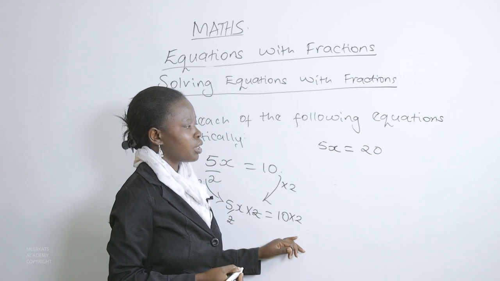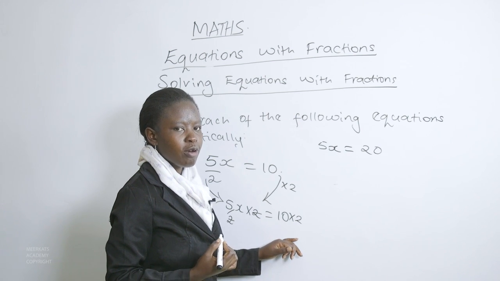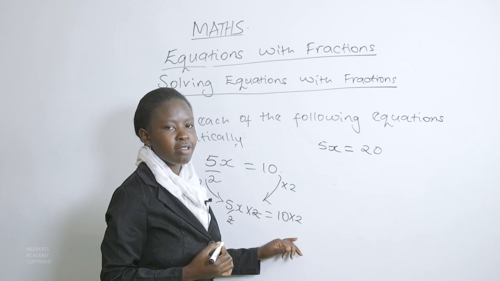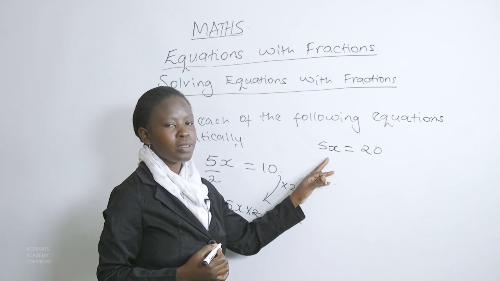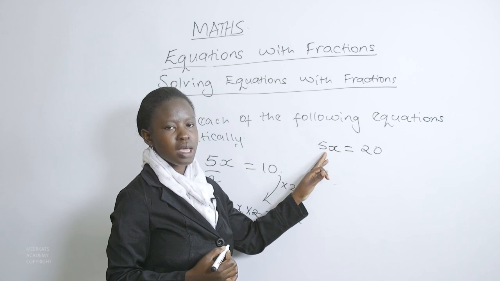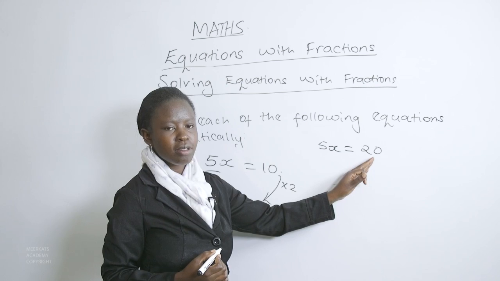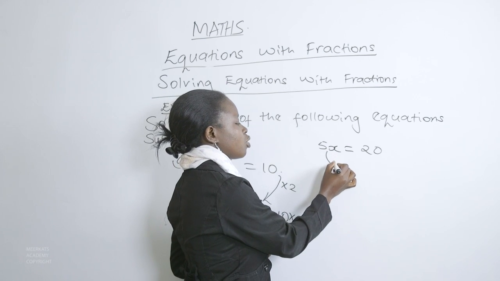So we have 5x is equal to 20. Then from there, we need to get the value of x in our equation. For us to obtain the value of x in this given equation, the next step that we take is divide by 5 on the left-hand side and on the right-hand side. So we have division by 5.